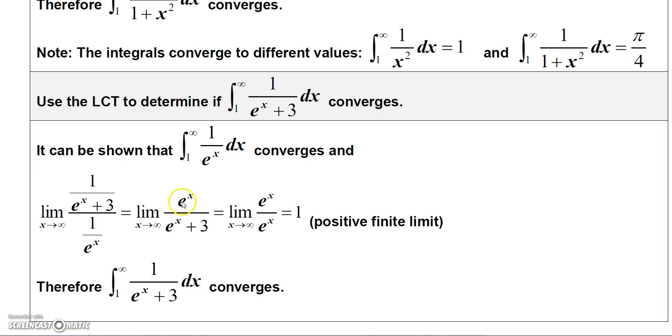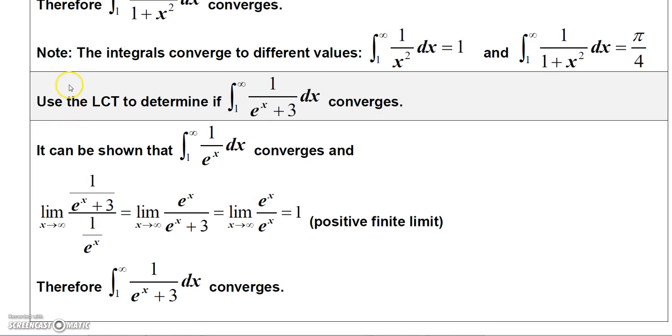Using L'Hopital's rule, I can take the derivative of the top and bottom, and I get e to the x over e to the x, which is just 1. And we know the limit of 1 as x approaches infinity is just 1. So again, since that integral converges and we got a limit of a positive finite value, the integral we compared it with must also converge.